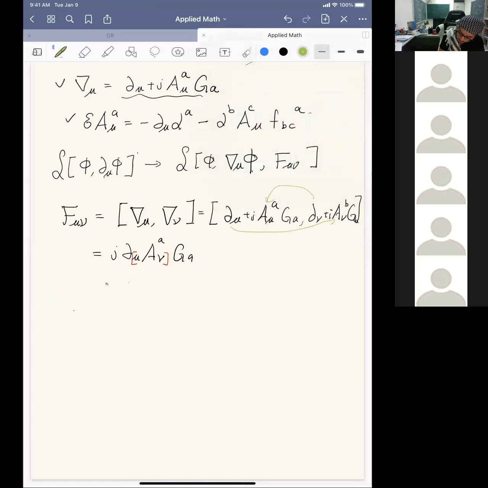But now we have something new: terms where there's no derivative at all. So there's a minus term here, and then we have A mu. Actually, I can pull the A mu out because A mu is just a function.